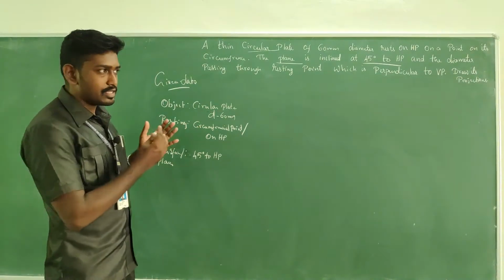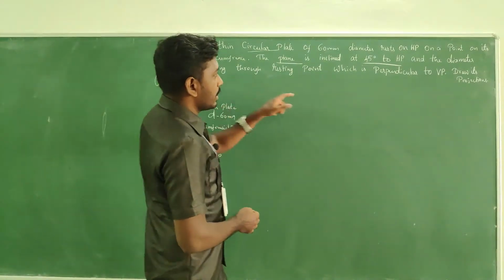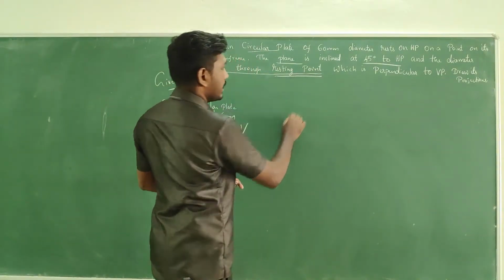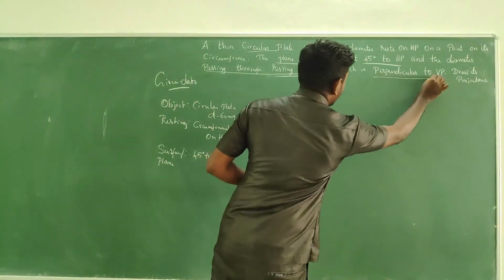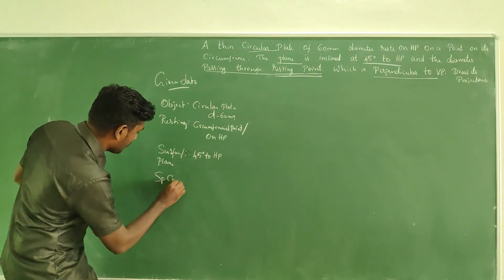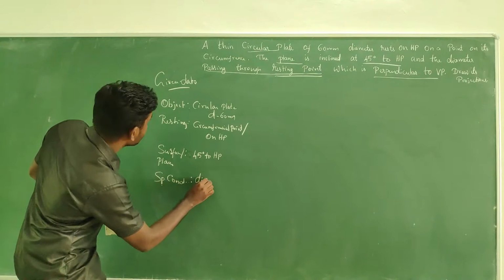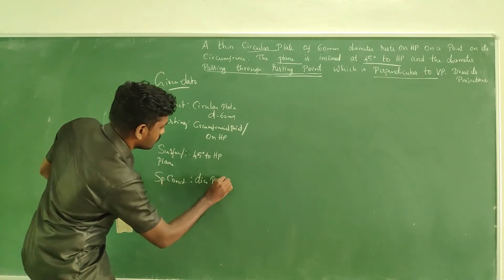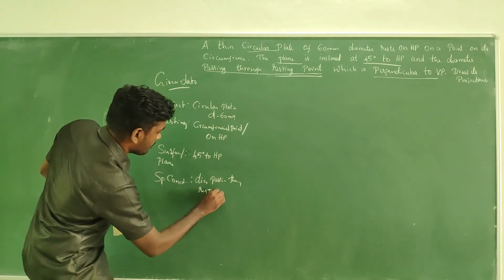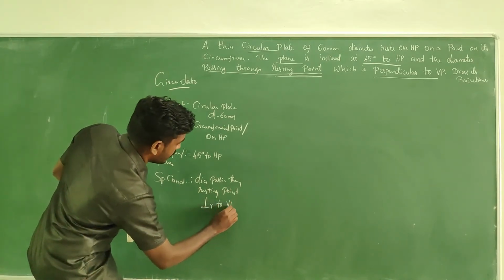So here we can see the special kind of condition. What is given is the diameter passing through the resting point which is perpendicular to VP. That is the special condition.